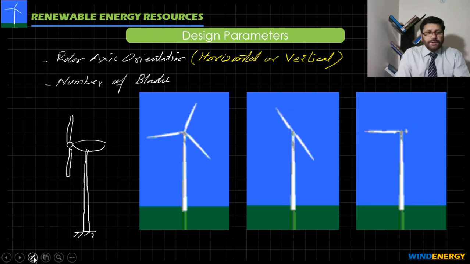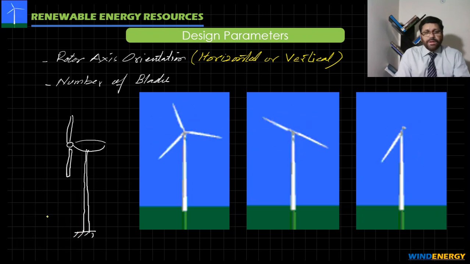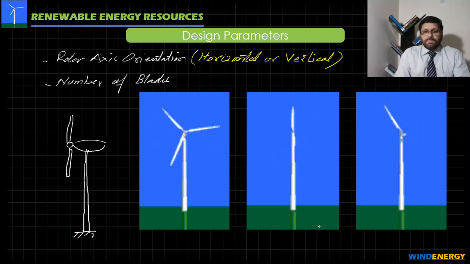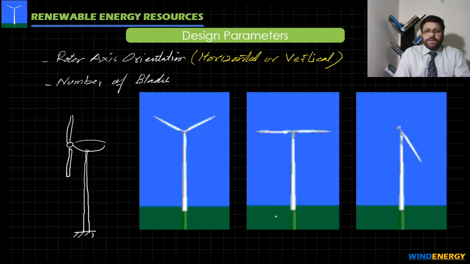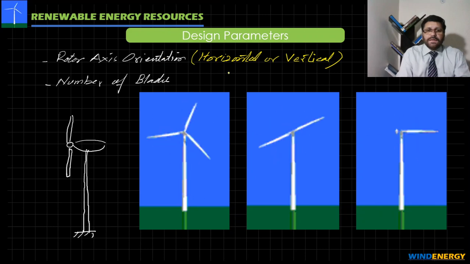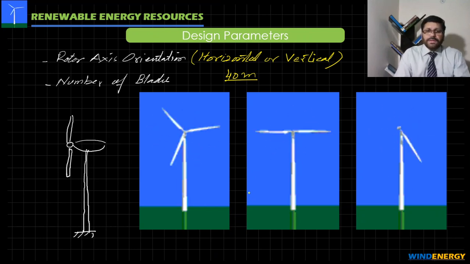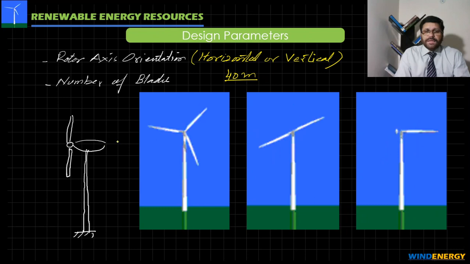Two blade wind turbine. Now the point to consider is that, and I remind you, we are talking of a megawatt wind turbine where the length of the blade is approximately 40 meters. And I have already told you that the tower and the hub you are going to place is 3 times the length of the blade.